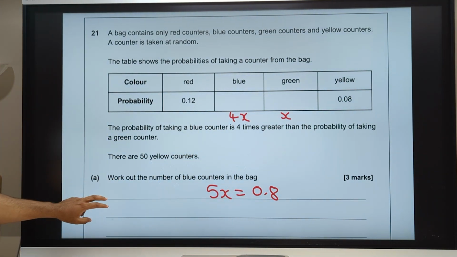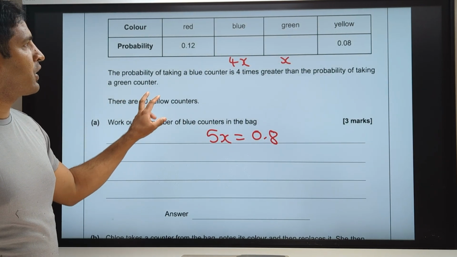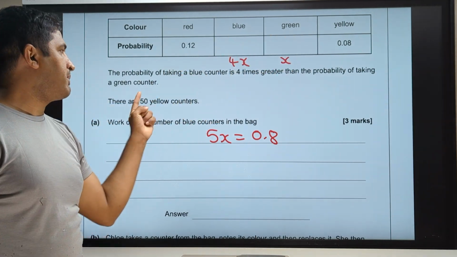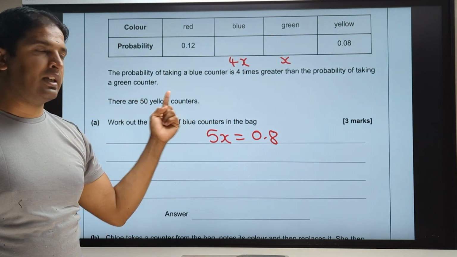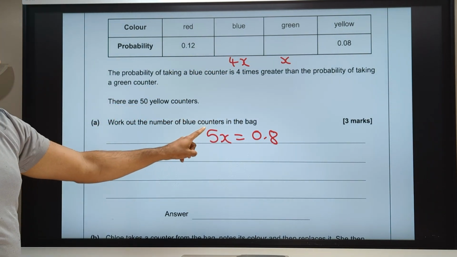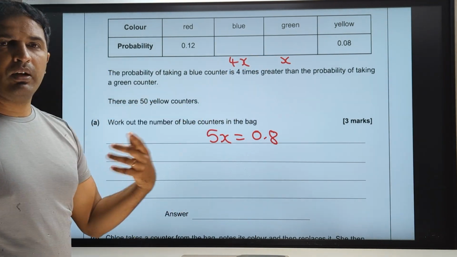So if I wanted to work out the number of blue counters in the bag, if you have 50 yellow counters, something multiplied by 0.08 gives you 50. First let's work out the probability of the blue counters. First you work out the green and then multiply that by 4.